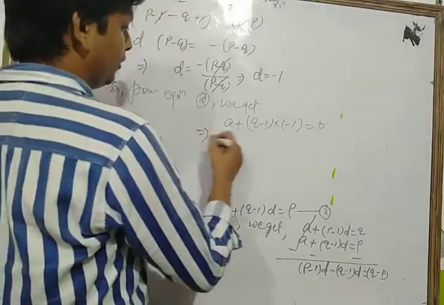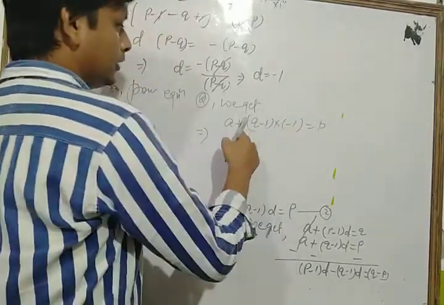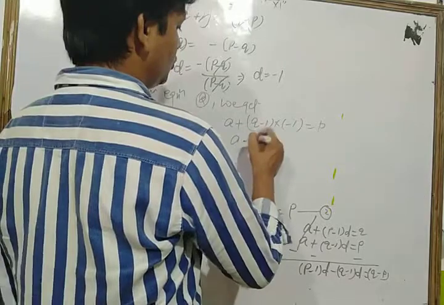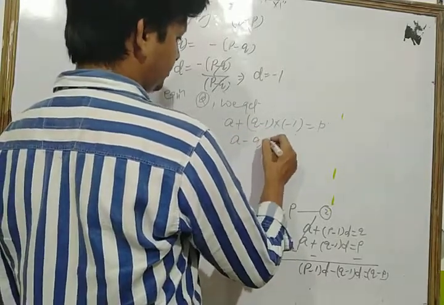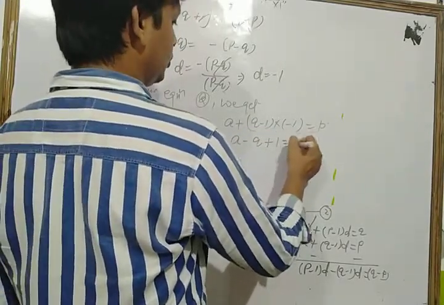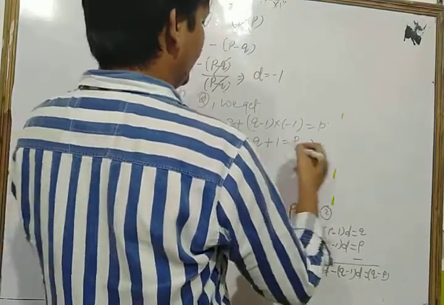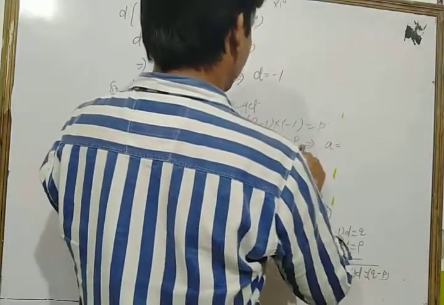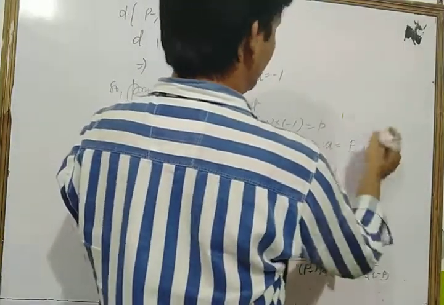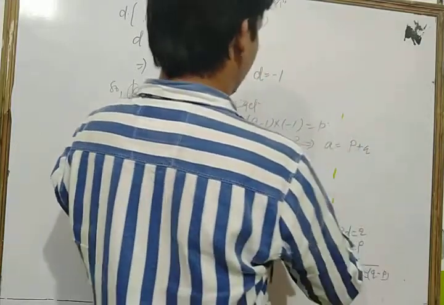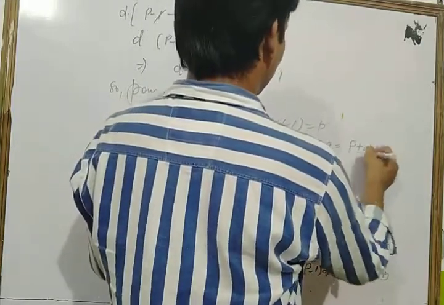So a minus q plus 1 is equal to p. So the value of a is equal to p, transferring minus q to the other side as plus q, and plus 1 as minus 1.